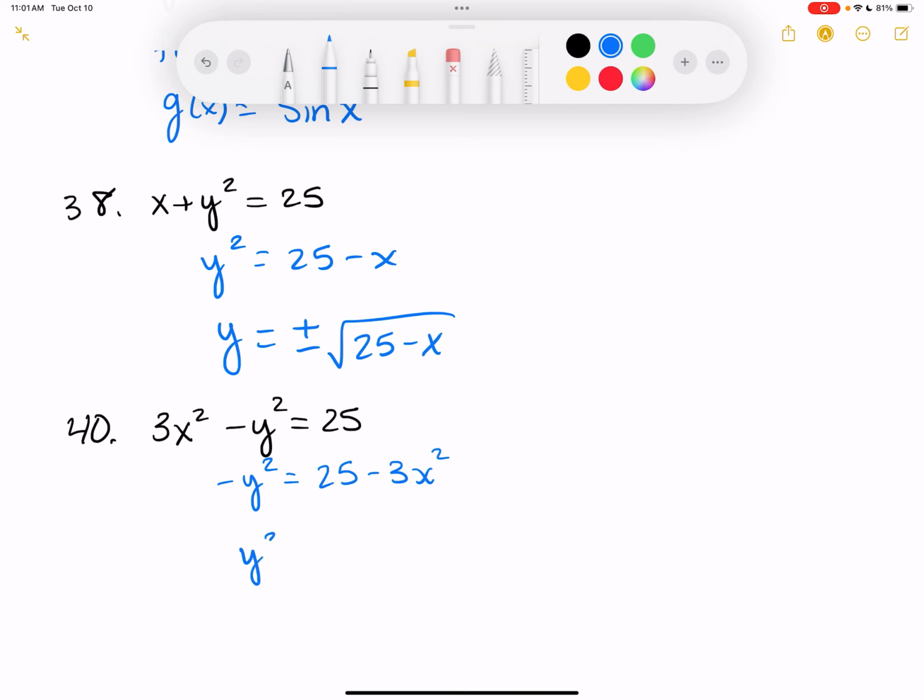So y squared is equal to 3x squared minus 25. And then y equals plus or minus the square root of 3x squared minus 25. So as long as you can get y by itself, you're pretty much fine with this chunk of problems.